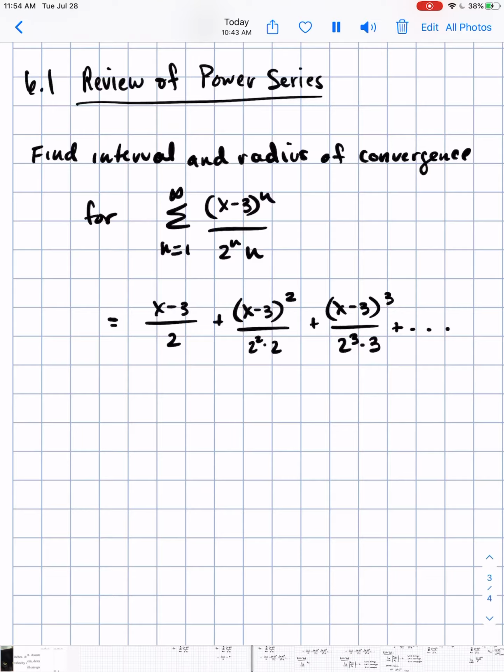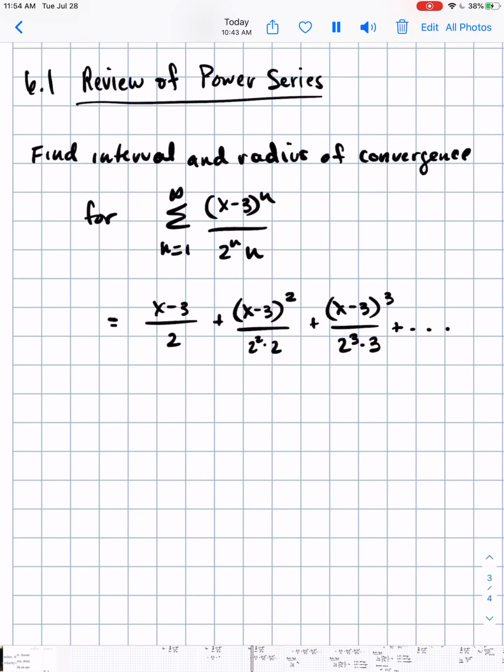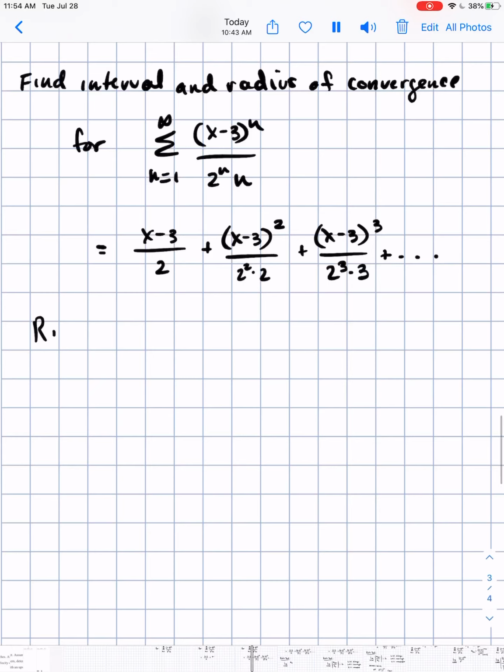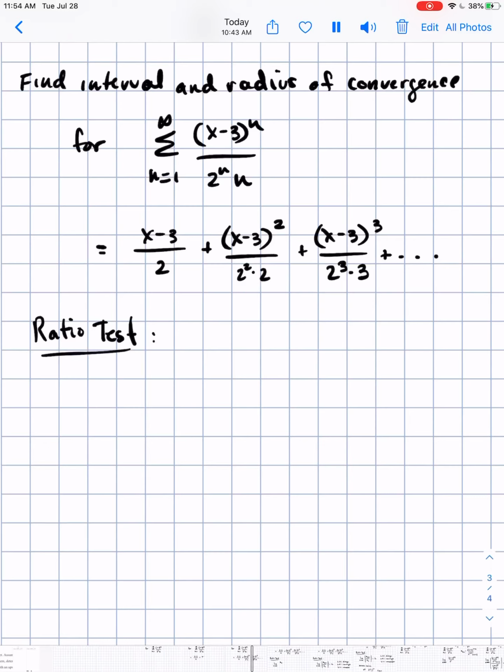Now, if we're looking for the radius and interval of convergence, we want to use the ratio test. So now the ratio test looks like this.